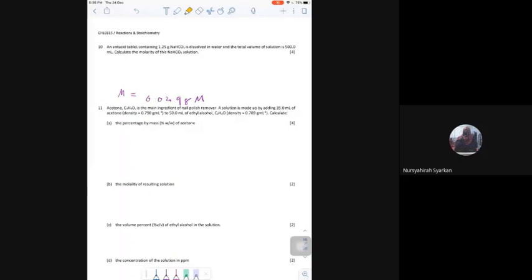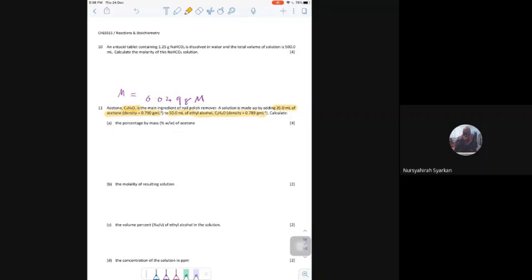Okay, we have acetone. Look at the information that we have. It is made by adding 35 ml of acetone, to produce a nail polish remover. So this nail polish remover solution is made by adding 35 ml of the acetone that has a density of 0.79 gram per ml with 50 ml of the ethyl alcohol with the density of 0.789 gram per ml.